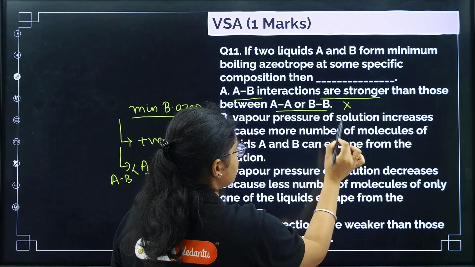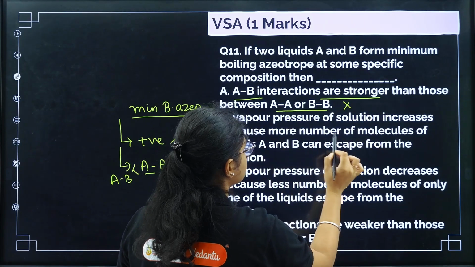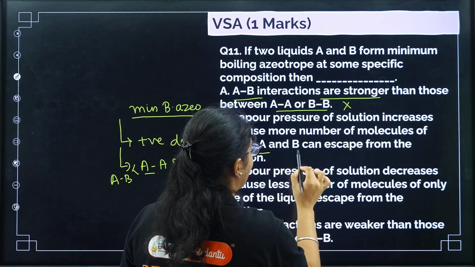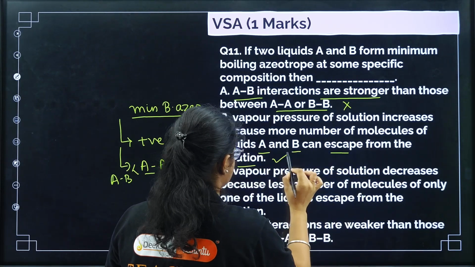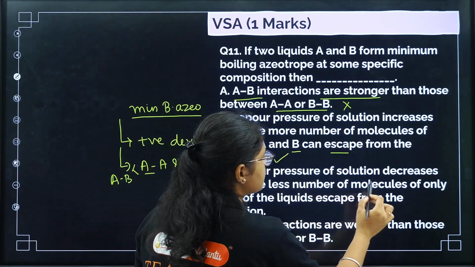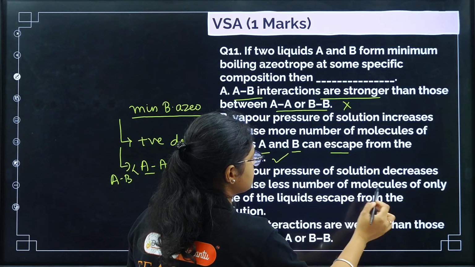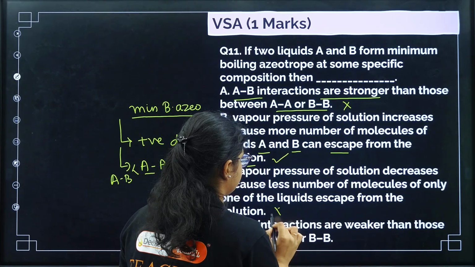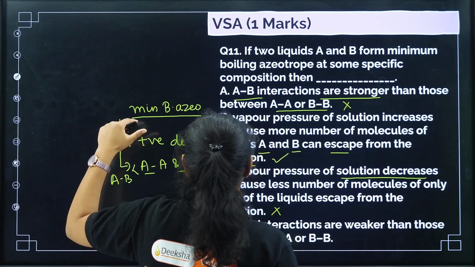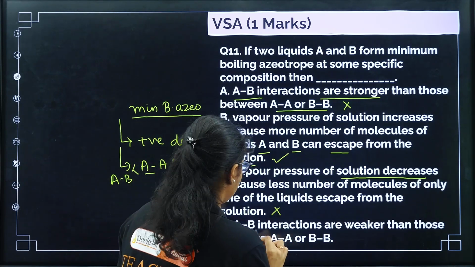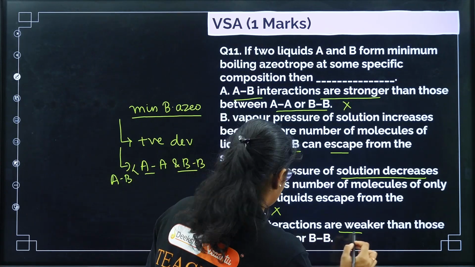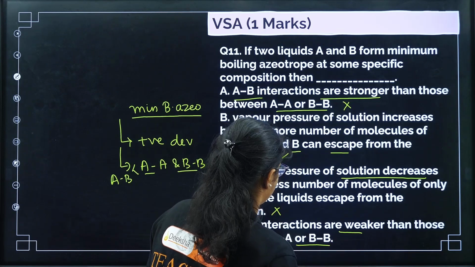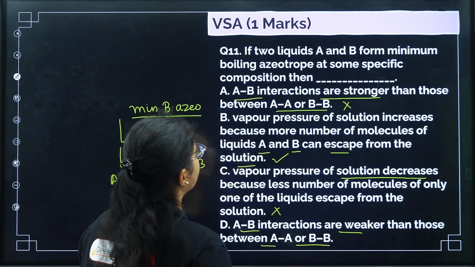So you can see here, AB interactions are stronger than those of A and B? No. Vapor pressure of the solution increases because more molecules of liquid A and B can escape from the solution. This is the correct statement. Vapor pressure of the solution decreases because fewer molecules, no, vapor pressure always increases in case of positive deviation. AB interactions are weaker than those between AA or BB. Yes, so this is also a correct statement.